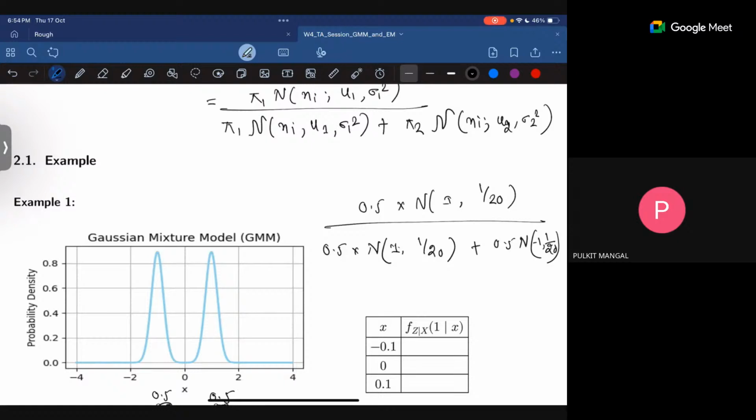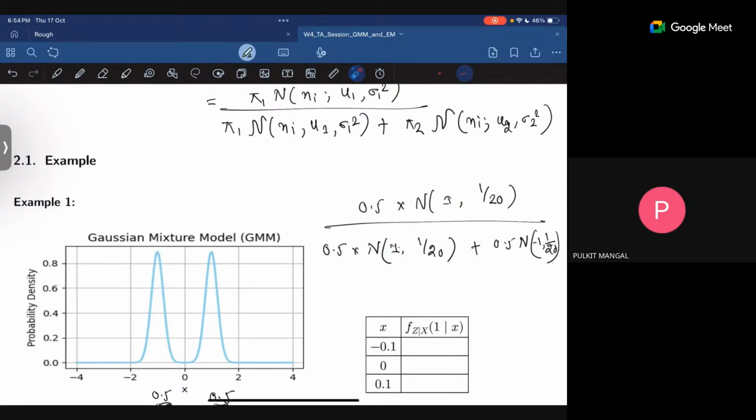You will solve this equation. First calculate the normal density function value at mu1 and sigma 1 by 20, and the same for the denominator. Just expand this equation, and that would give you the probability that the point negative 0.1 is coming from cluster 1. Is it clear to you how you calculate this conditional probability?